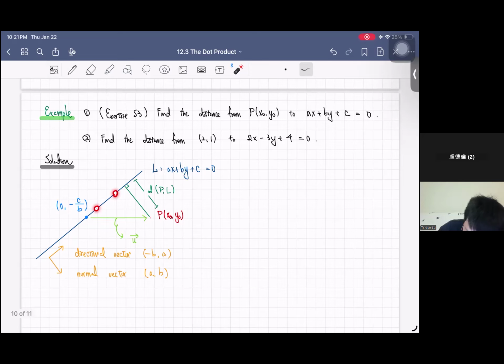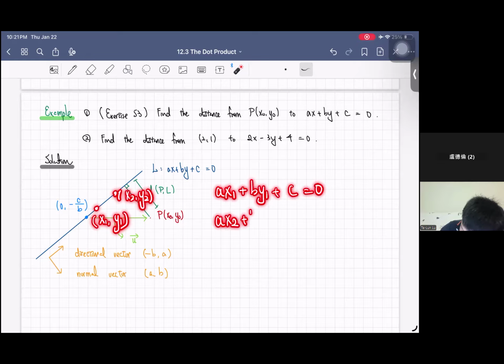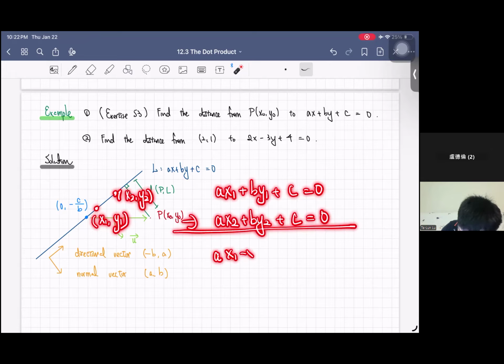So you have two points, (x1, y1) and (x2, y2). Those two satisfy the equation. So you have a x1 plus b y1 plus c equal to 0, and a x2 plus b y2 plus c equal to 0, right? Now, if you subtract those, you get a(x1 minus x2) plus b(y1 minus y2) being 0. And what is that?